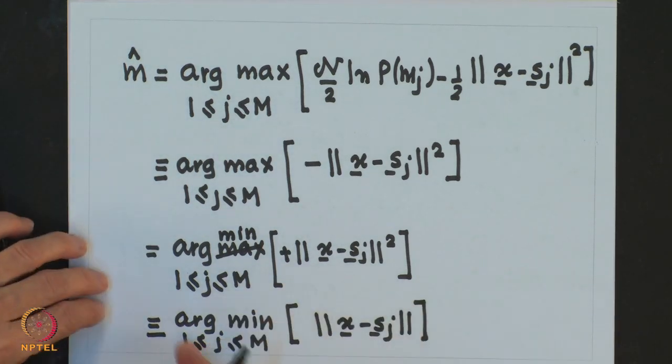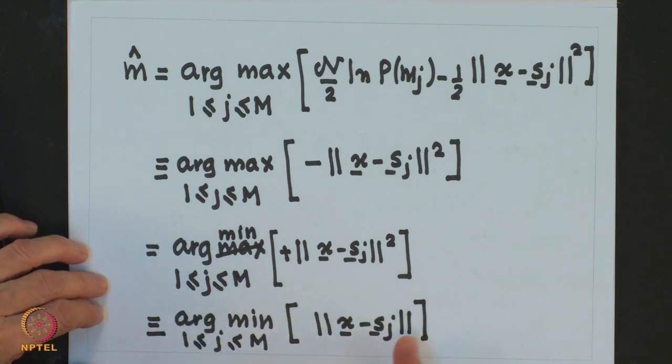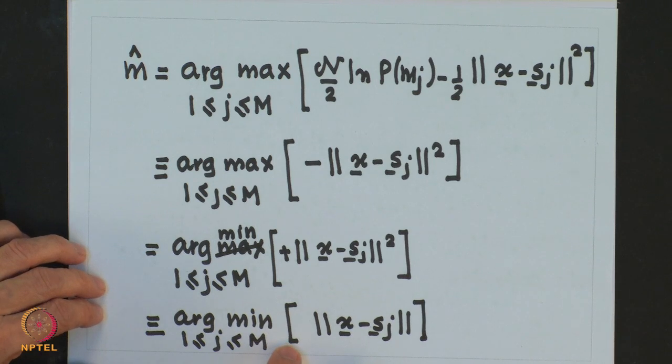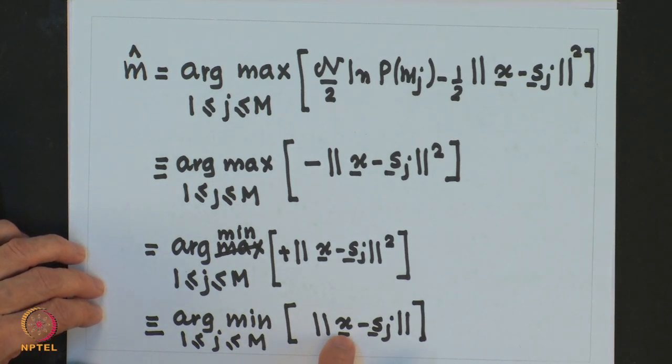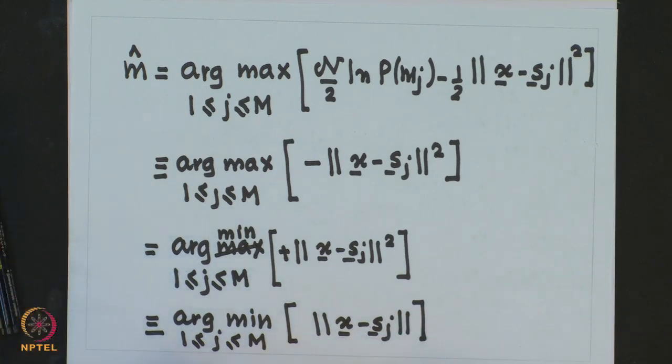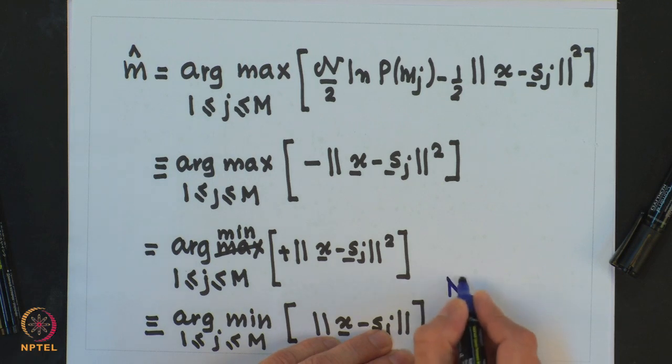So, let us provide a geometric interpretation of the results derived. The receiver basically receives the vector x and looks among all vectors Sj to find the one that is closest to the received vector x using standard Euclidean distance. Such a detector is called the nearest neighbor or minimum distance detector.